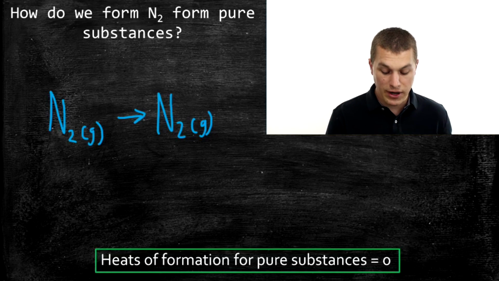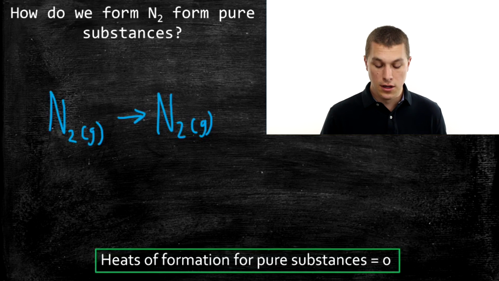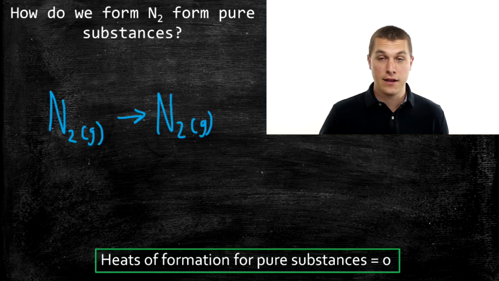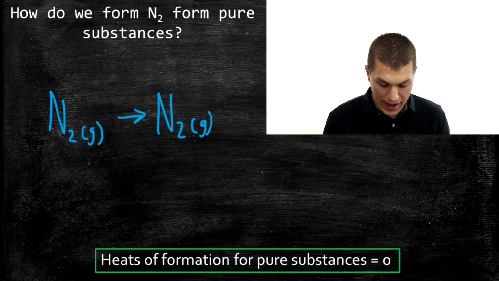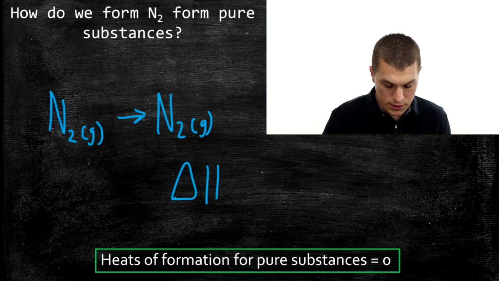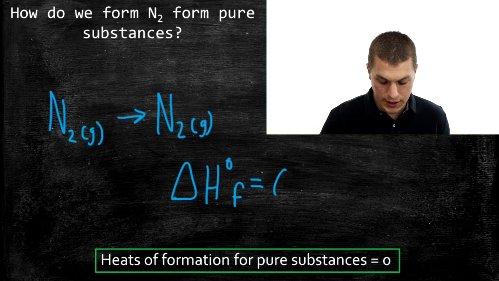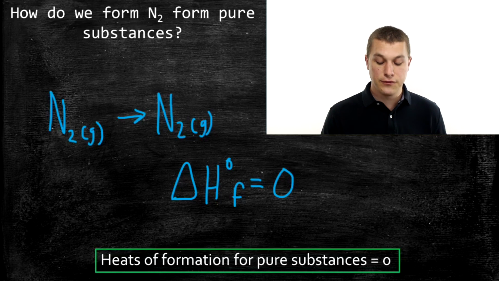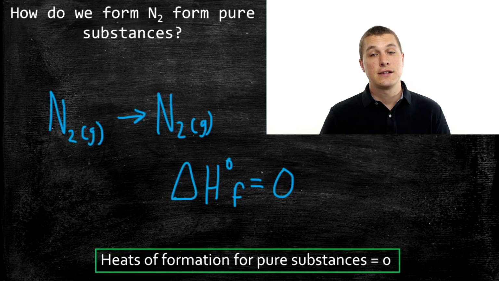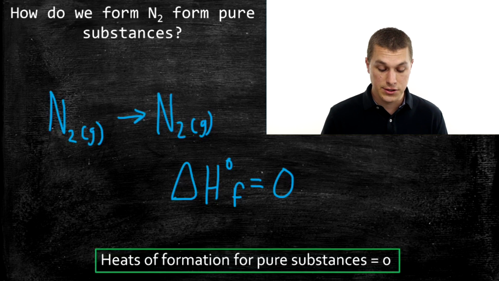And that reaction would give us the enthalpy of formation for nitrogen. But guess what? How much energy does it take to form nitrogen gas from nitrogen gas? 0. And that's why the delta H at standard state for forming nitrogen is equal to 0. So heats of formation for pure substances are 0. And that's actually really important when you go to do calculations.